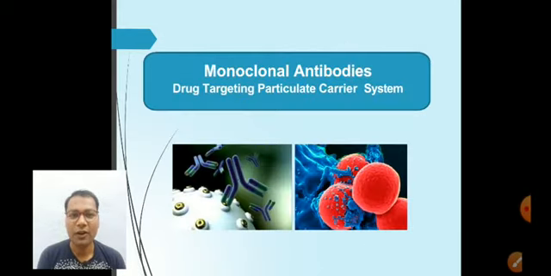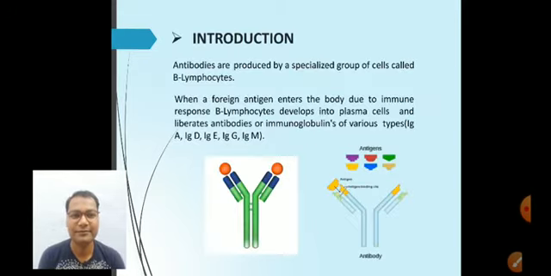Let us now discuss in detail monoclonal antibodies. These are also known as drug targeting particulate carrier systems. Antibodies are produced by a specialized group of cells called B lymphocytes. We all know about the immune system in brief.